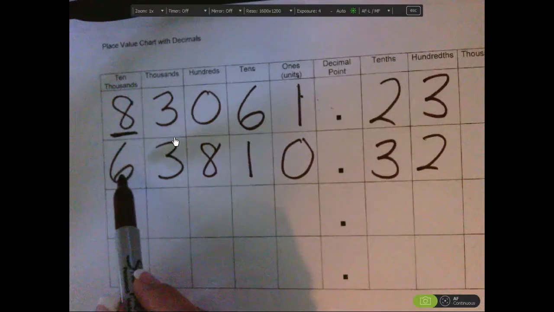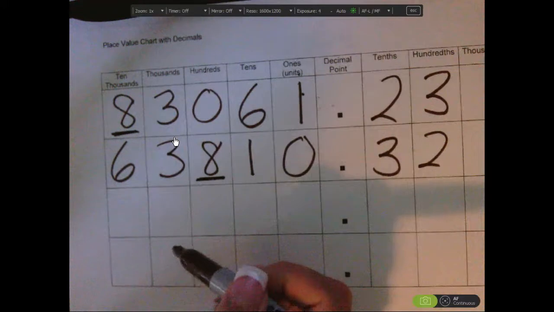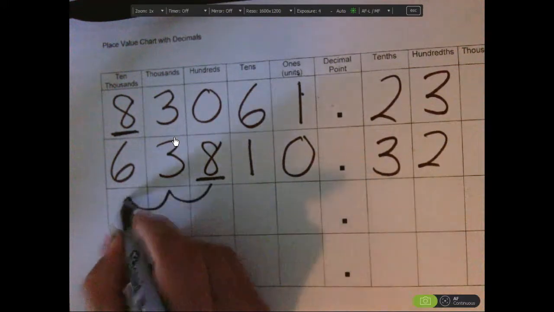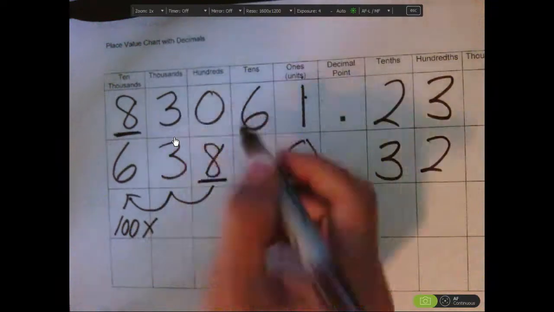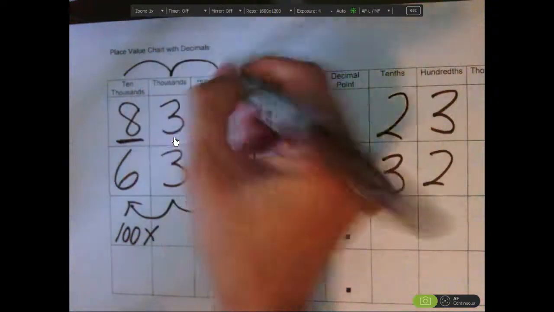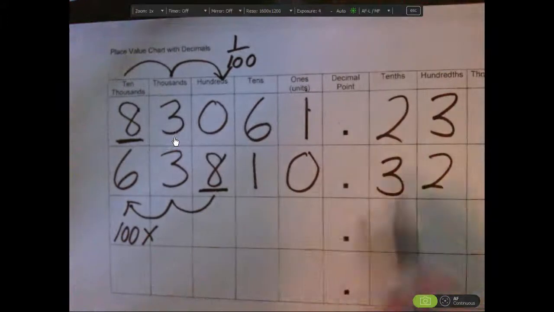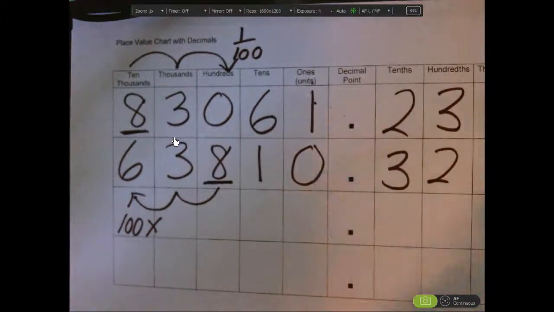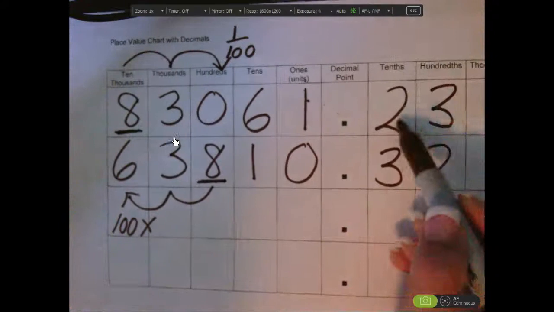You could also have discussions like, well, okay, how much bigger is your 8 than my 8? And since it goes over 2 times, well, it's 100 times bigger. And then you could say, how much smaller is your 8? Well, I went over 2 times, so it's 100th the size. You could also talk about when there's a 0 as a digit and how you would write that.